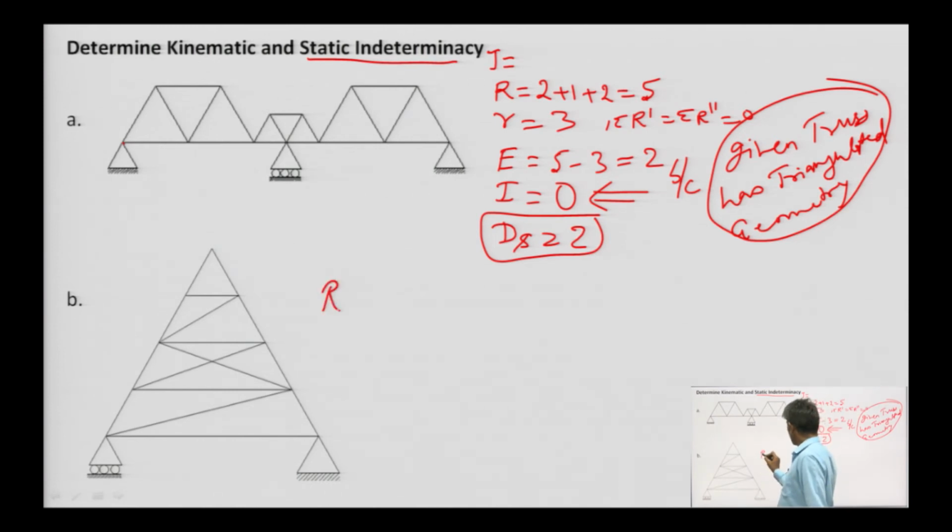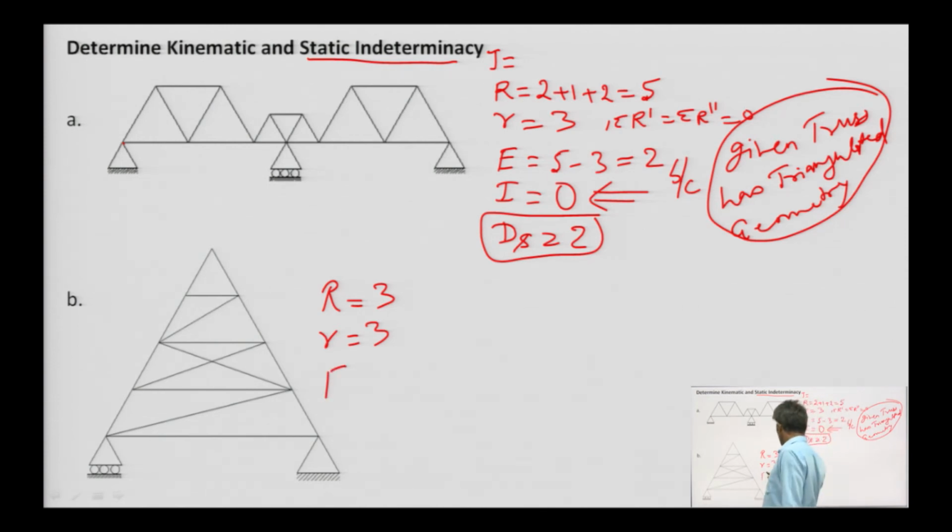Total number of R, meaning total number of support reactions, 1 here, 2 here, 3. Equilibrium equations 3, sum of R dash, sum of R double dash is 0 here.